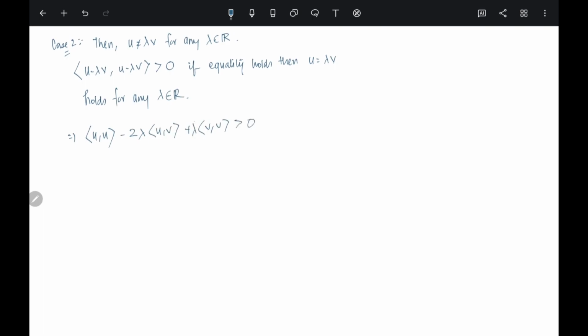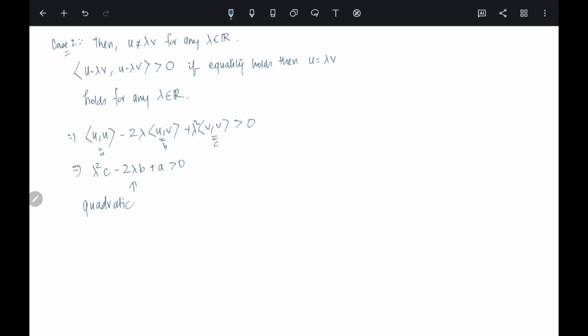Now you think of this as A, this as B, and this as C. So you have this relation: lambda square C minus 2 lambda B plus A is strictly positive. So this is a quadratic.